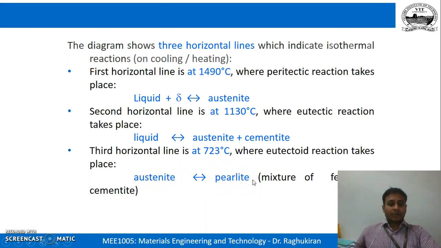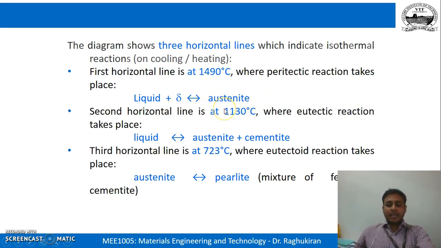That is eutectoid. And what we have not discussed is the peritectic reaction that takes place at 1490 degrees Celsius, where the liquid and the delta iron are transformed into one single solid. In other words, one liquid plus one solid transforms into another solid, that is austenite.